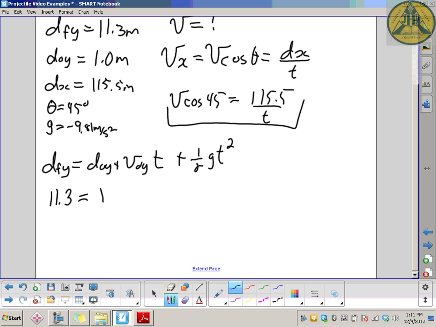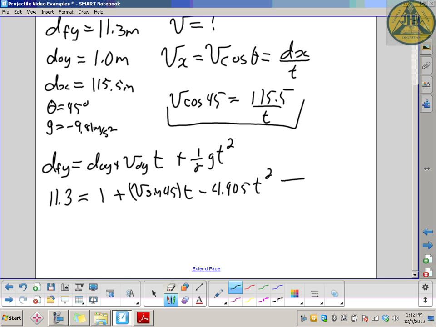Initially it's 1. Now the upward component of the y velocity we don't know, but we're going to write that as the magnitude sine 45 multiplied by time, added to, or I should say in this case subtracted, by 4.905 times the time squared. So now I have two equations and two unknowns.